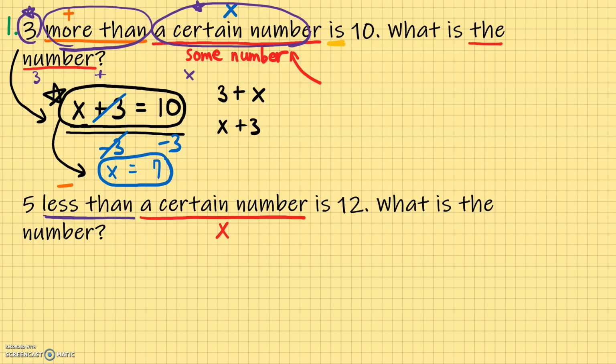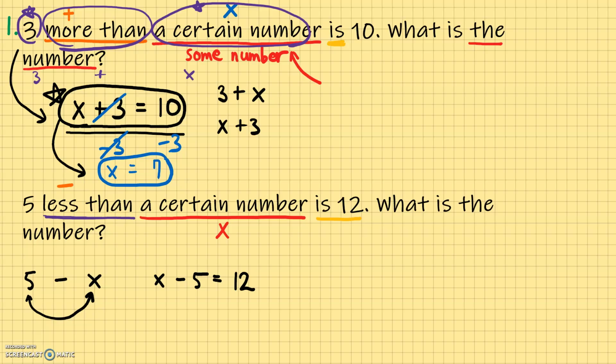And we have 5. And I've said before, it's not 5 minus x. When you have more than or less than, these places switch. So it's actually x minus 5. And this equals 12, as it says in the word problem.